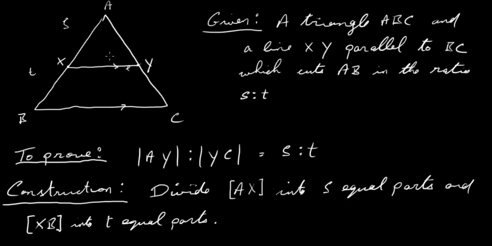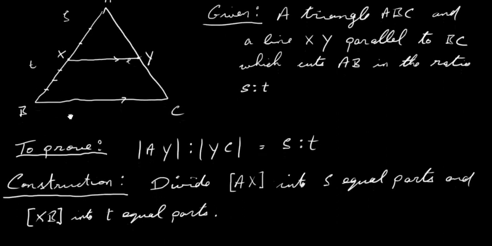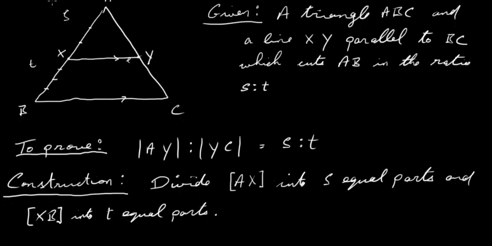So we're going to divide into equal parts here, S is to T. In this case I've got 3 is to 4, but it could be anything really, depending on what S and T happen to be. So we're dividing this distance here into S equal parts, and this distance here into T equal parts.